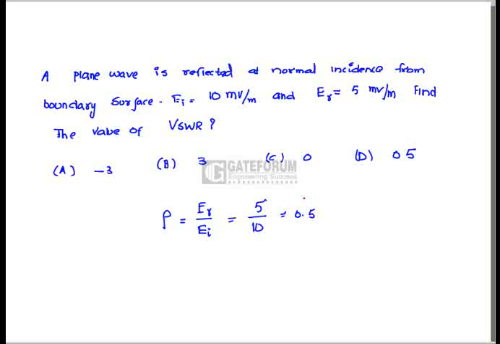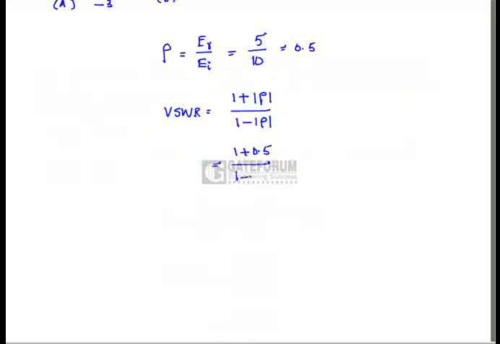Now we need the relationship between the reflection coefficient and the voltage standing wave ratio: (1 plus 0.5) divided by (1 minus 0.5), which is 3. Answer B.